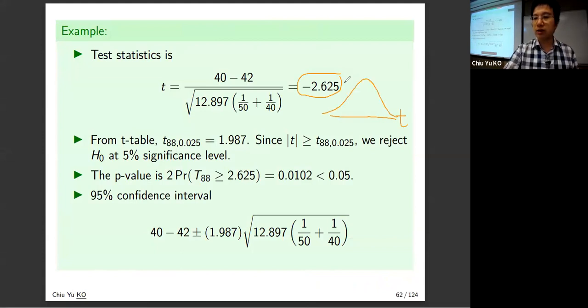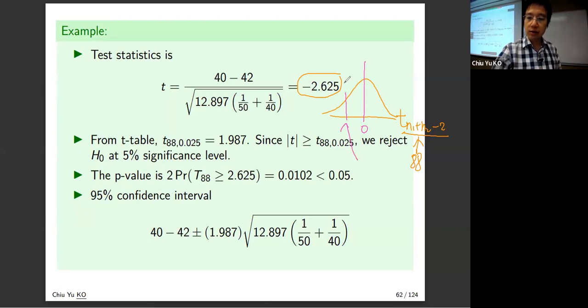This is t with n1 plus n2 minus 2 degrees of freedom. Actually, this is 88, because one is 50, one is 40, so 90 minus 2 is 88. The t value is negative 2.625.